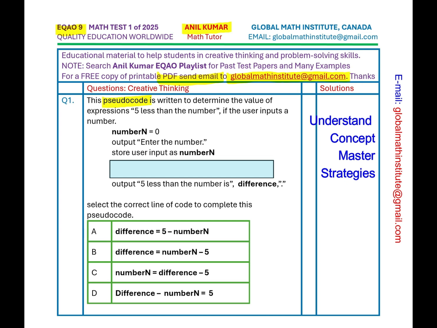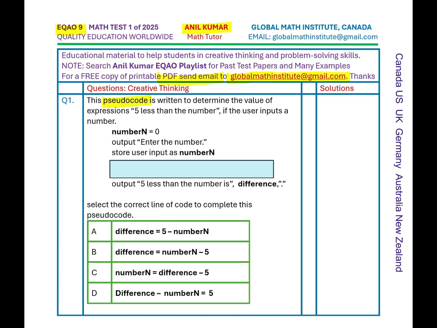This pseudocode is written to determine the value of the expression 5 less than the number, if the user inputs a number. So we'll write a code now which is given to you. Based on this code, there are four multiple choice questions. Number n equals 0, output enter the number, store user input as number n.